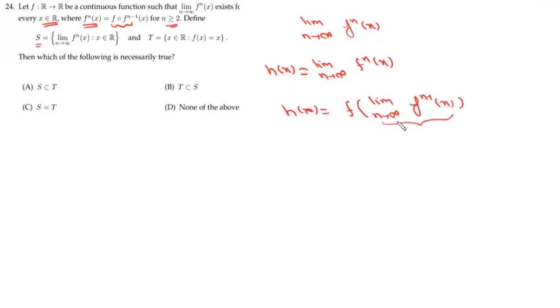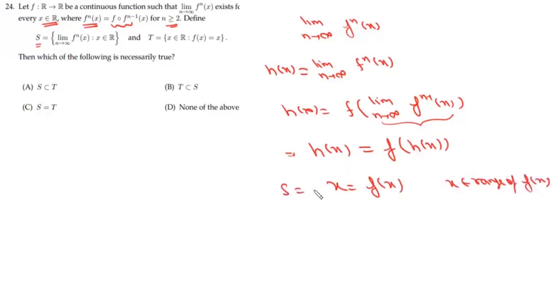This limit n tends to infinity f^(n-1)(x) will again be h(x). So from here we can write h(x) is equal to f of h(x), which again is of the form x equals f(x) when x lies in the range of f(x).